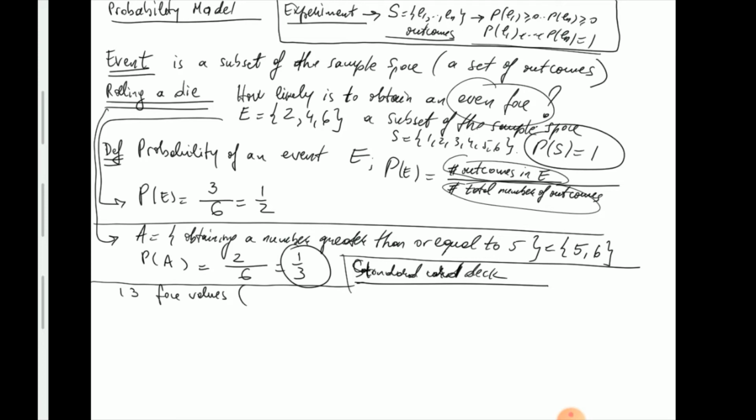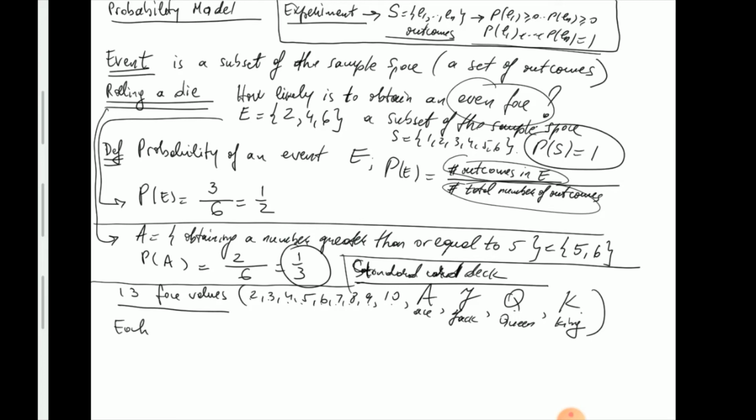The face values are 2, 3, 4, 5, 6, 7, 8, 9, 10, then followed by the ace, the jack, the queen, and the king. 1, 2, 3, 4, 5, 6, 7, 8, 9, 10, 11, 12, 13. So 13 face values.